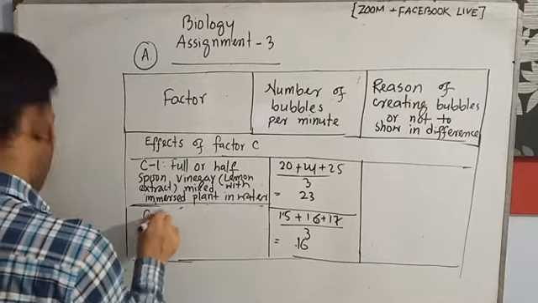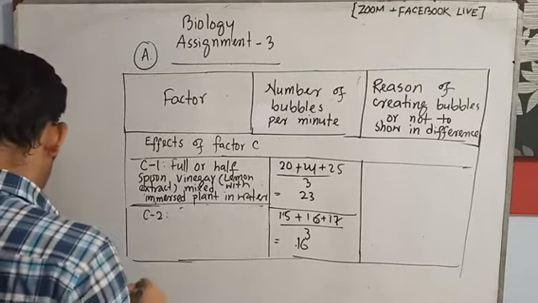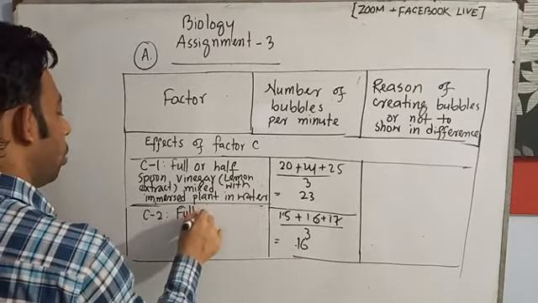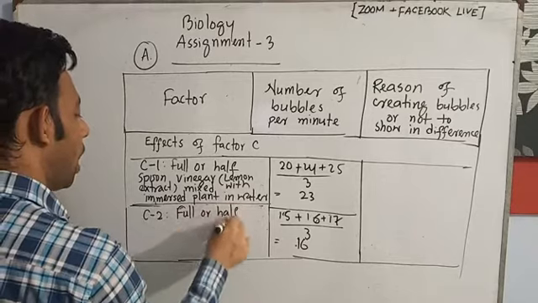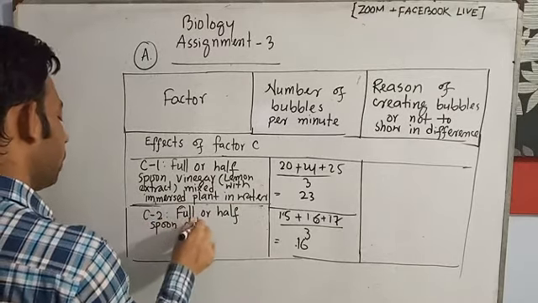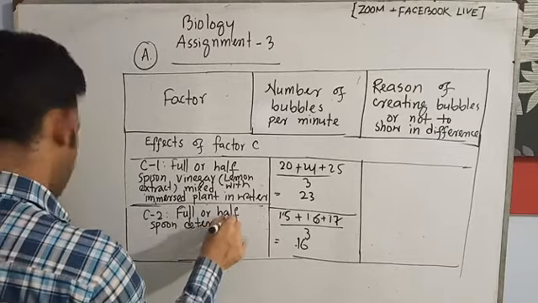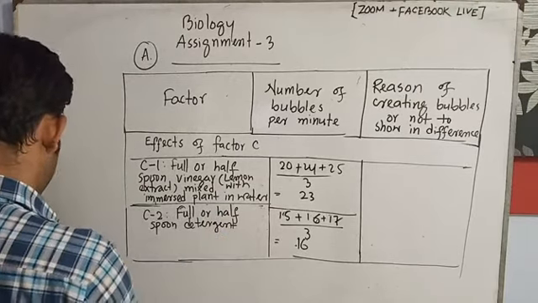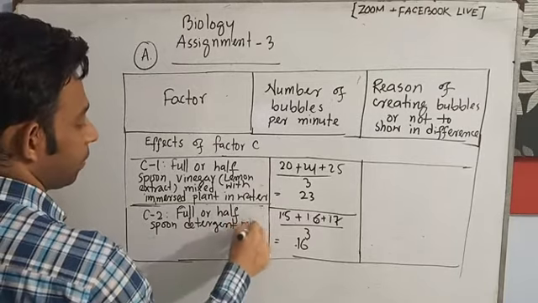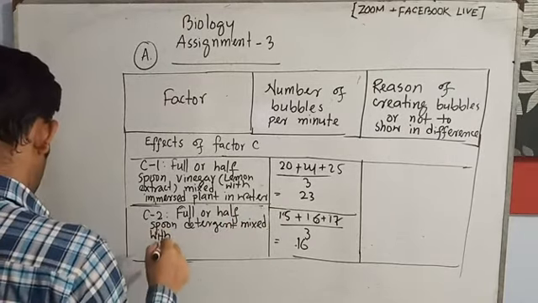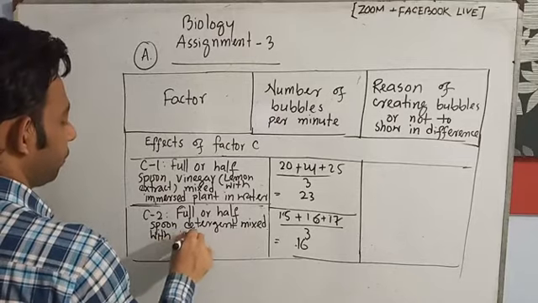Then the C2 will be there: full or half spoon detergent mixed with immersed plant in water.